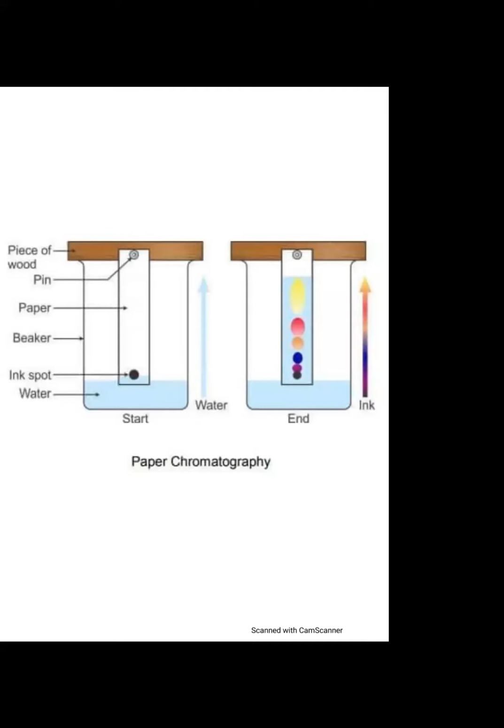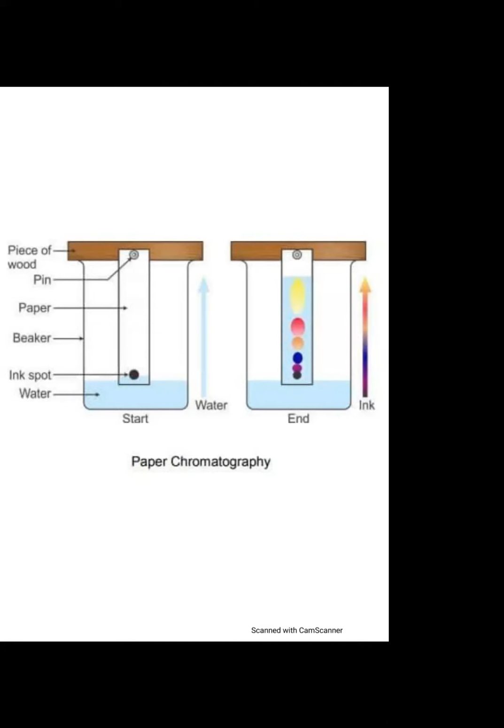Also, I still couldn't understand chromatography. You have to just take a paper, chromatograph paper, put a drop of ink and dip it inside water. Should I keep it over the water? The drop should be inside the water.